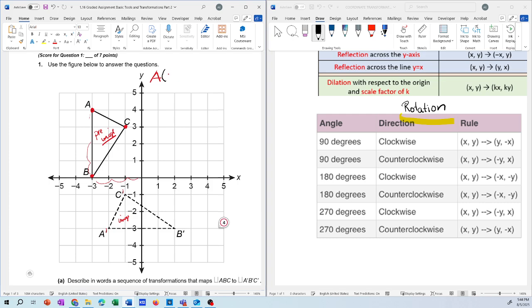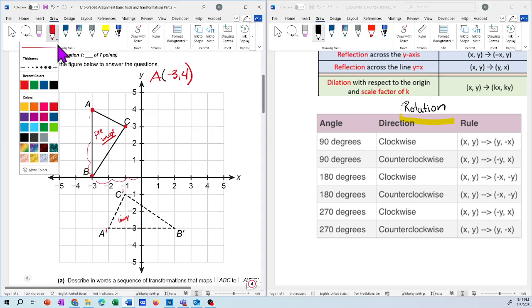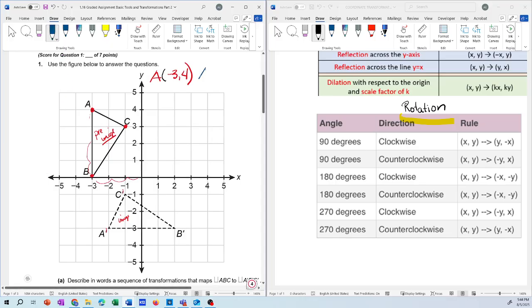So it's (-3, 4). Now take a look at A prime, the copy. It's 1, 2 to the left and 1, 2, 3 down. So (-2, -3).